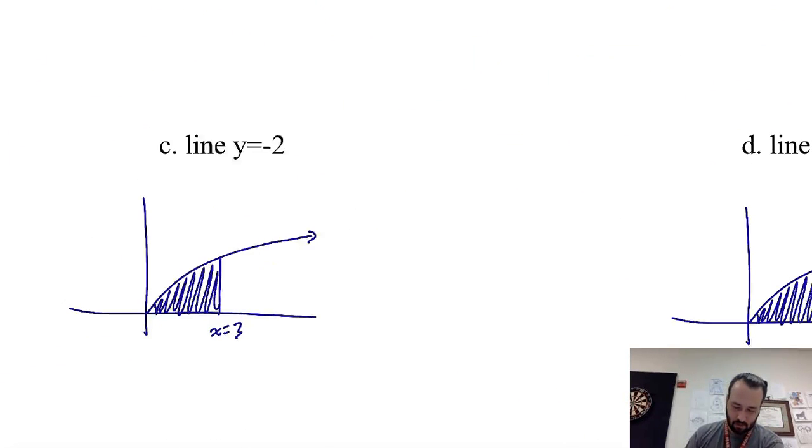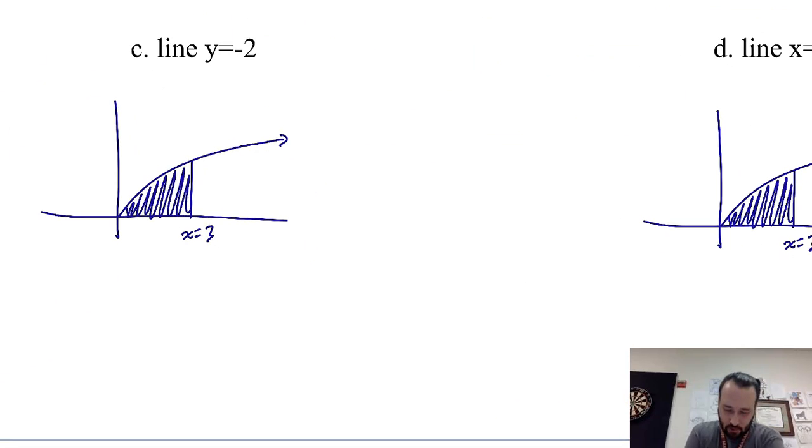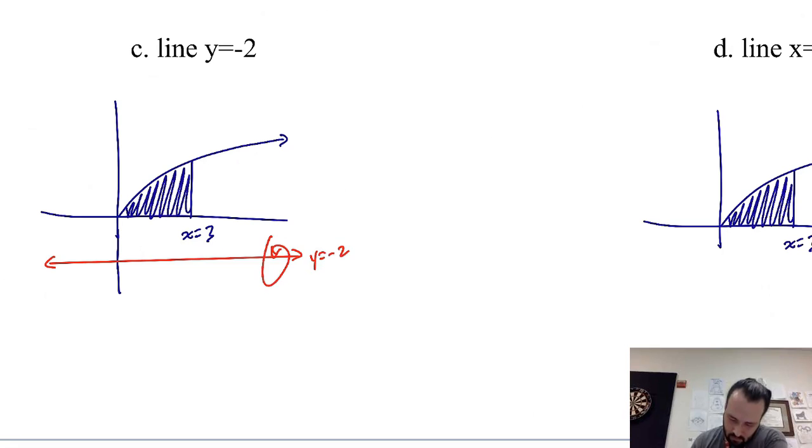All right, the line y equals -2. So I'm going below the x-axis on this one, right? I'm rotating it about y equals -2 down here. So my big radius would be the function value plus 2 units, because that radius is adding 2 units down there.